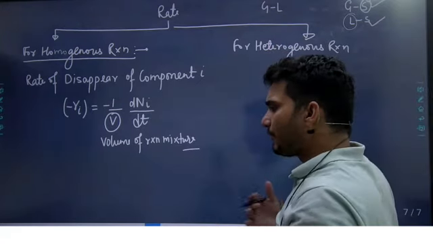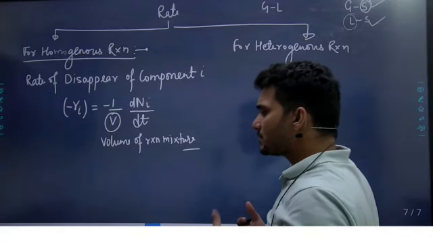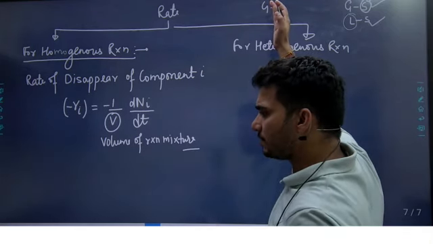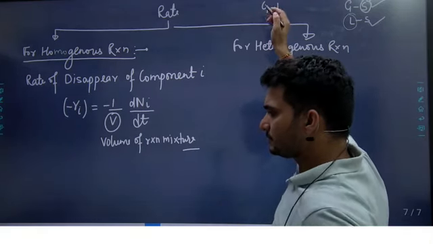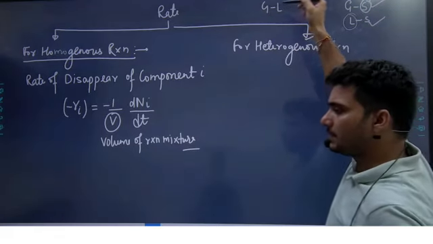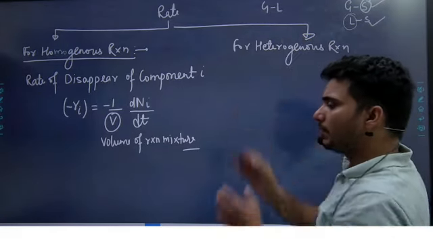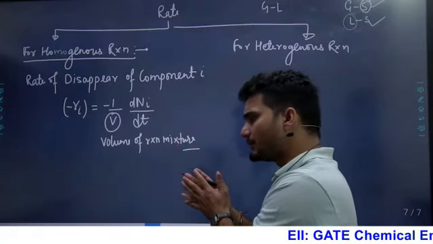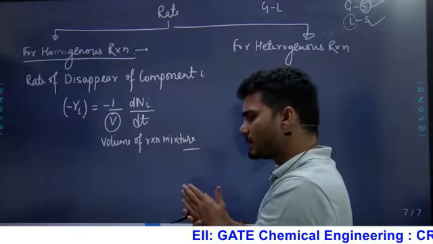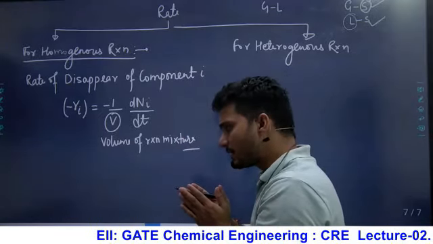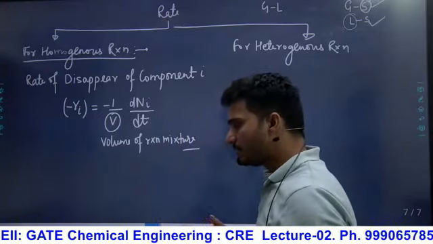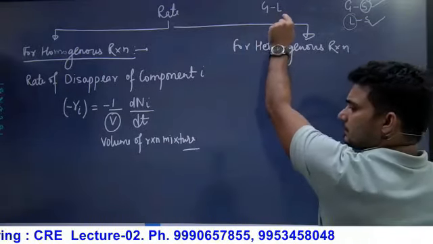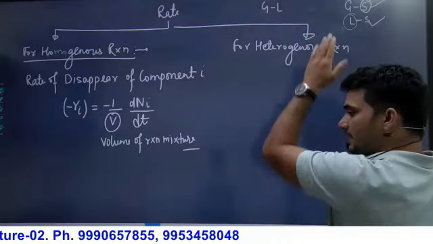So we can define the rate based on interfacial surface area of the fluid system, because when a heterogeneous reaction takes place, there is more than one phase. So the reaction generally occurs at the interface. Here, gas-liquid, more than one phase, the reaction occurs at the interface.